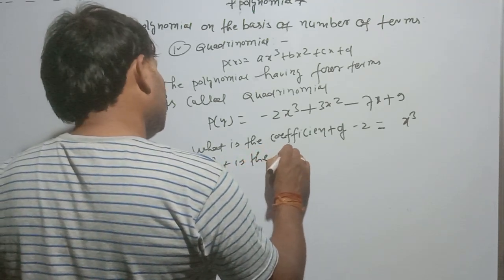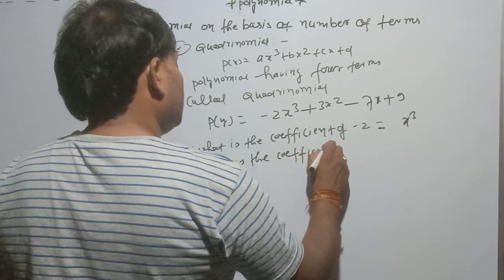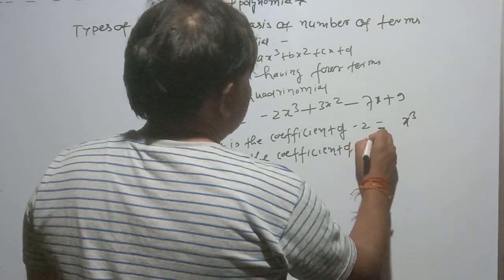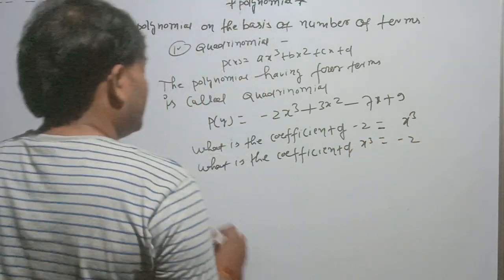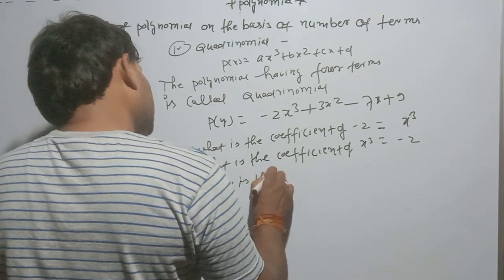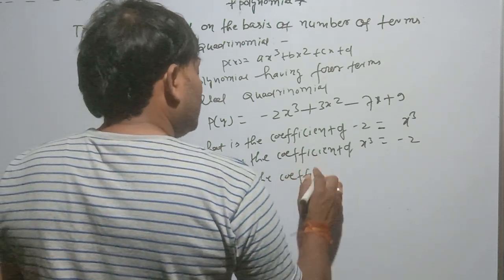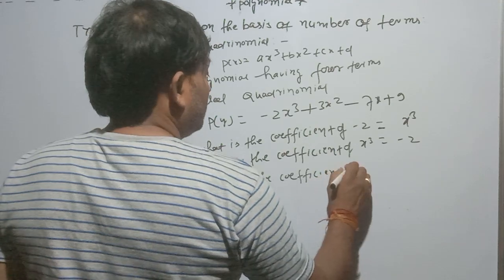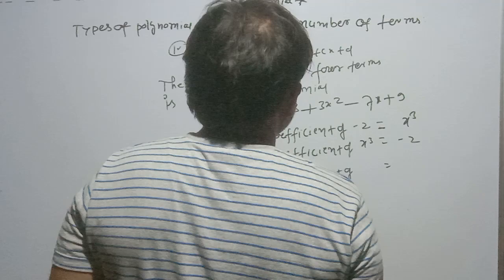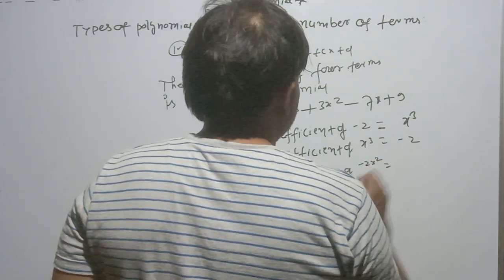What is the coefficient of x cube? So you can write minus 2. Again, what is the coefficient of minus 2x square?